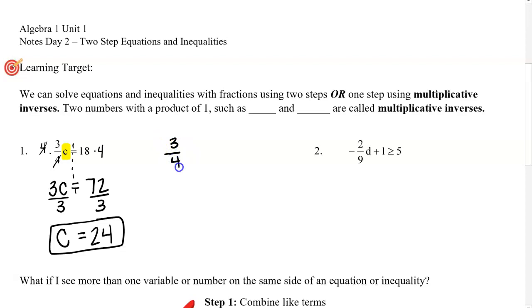What I was saying before is you can also multiply by the reciprocal or use the multiplicative inverse. So multiplicative inverse is a fancy way of saying two numbers that multiply to give you 1.